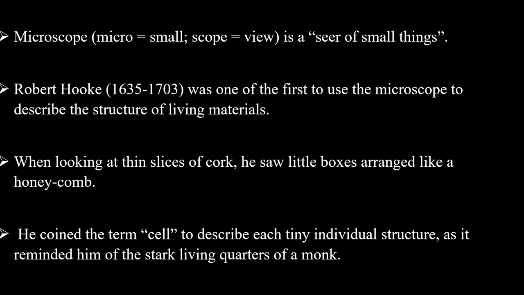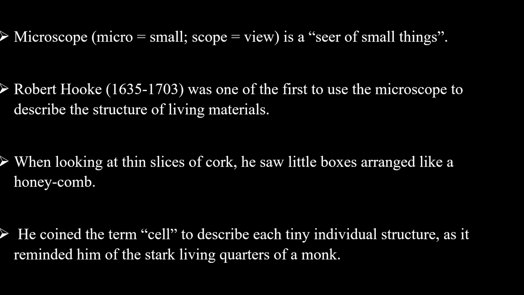Microscope, the term consists of two small terms. First, micros means small and scopy means to view, so it is a seer of small things, that is, which can observe all small things.